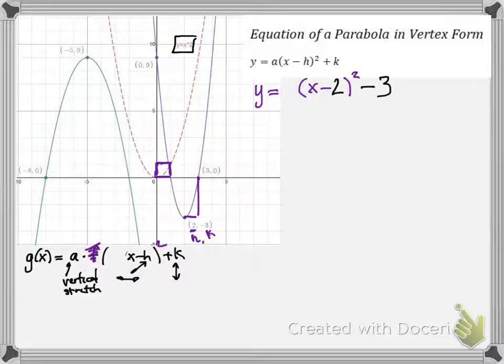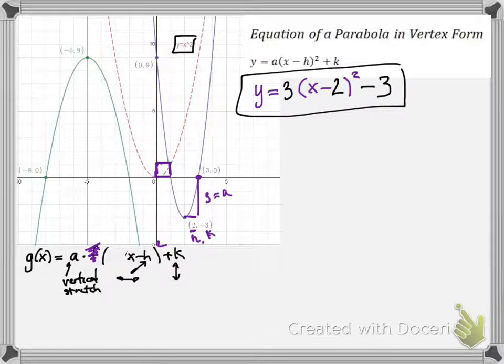Now we're talking how far does it go from the vertex to the nearest whole number point we can find. In this case, it's going up 3. That's my a value at 3. And that is my equation of the parabola in vertex form.